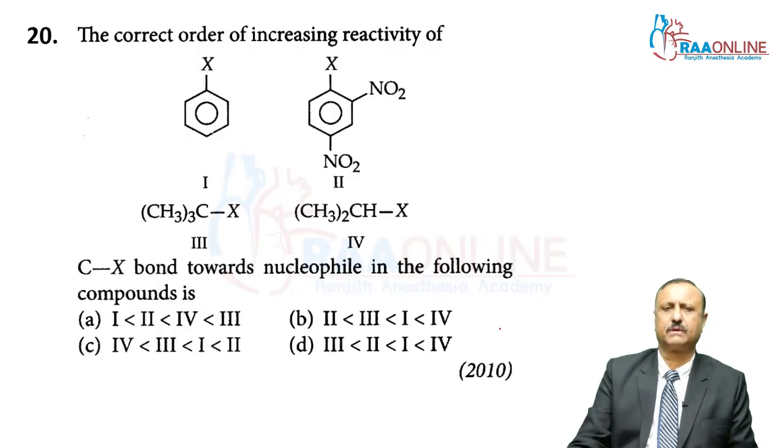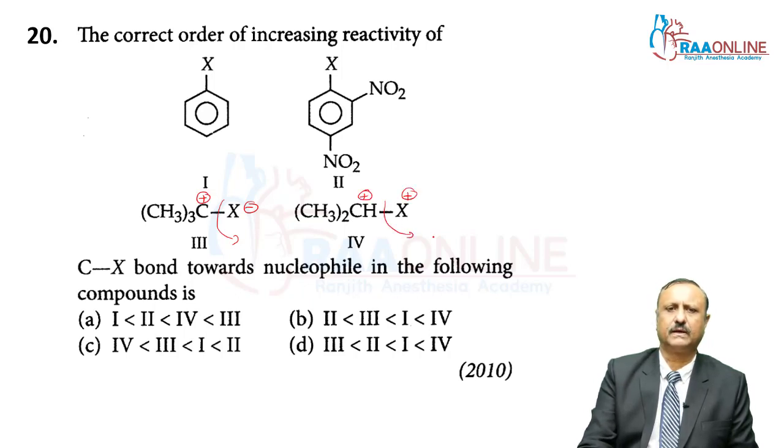My dear students, in question number 20, the correct order of increasing reactivity, it is the same. You can break this halide ion and get the carbocations, and see these carbocations. You see the tertiary carbocation is more stable because here 3 alkyl groups are present.